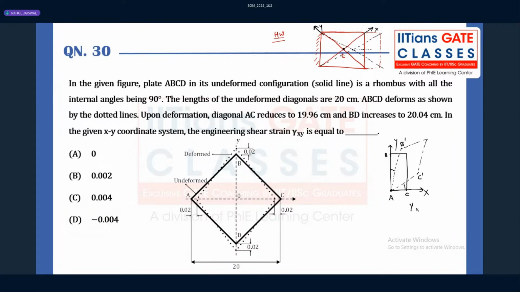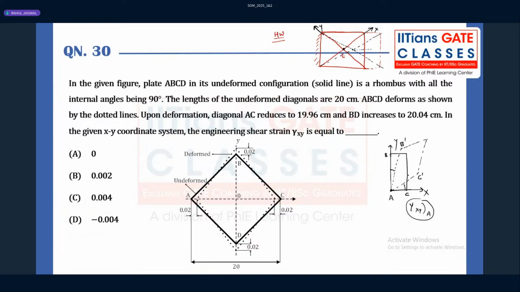And these edges are there along x and y axis, right? So whatever the shear strain is at a particular point A, it is definitely the value corresponding to the given coordinate x and y axis. But this value at the same point will change if I change my axis.